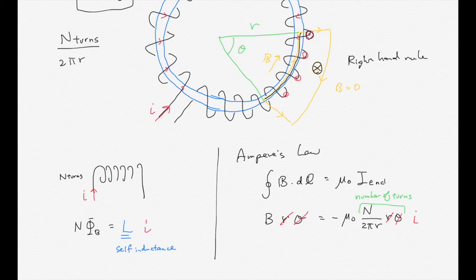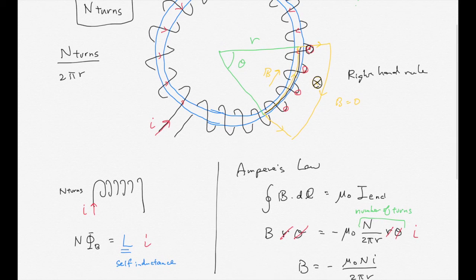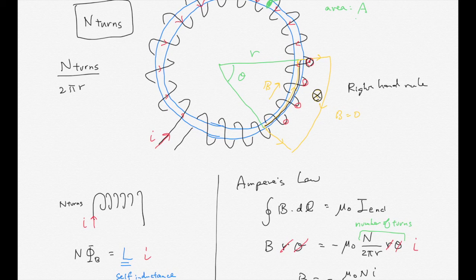So the magnetic field becomes negative mu sub 0 N I over 2 pi r. So this is the opposite direction. Actually, the magnetic field is directed in the opposite direction, but only the magnitude is important. This is the direction of the magnetic field.